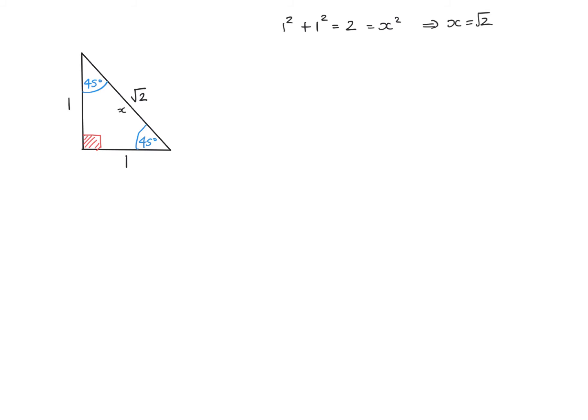It doesn't matter which of these angles we pick, they're both the same, 45 and 45, we'll get the same results. I'm going to pick this 45 degree angle over here. So to avoid confusion, even though I will get the same results, I'm going to actually rub out the other one so that we don't spend too long thinking about it.